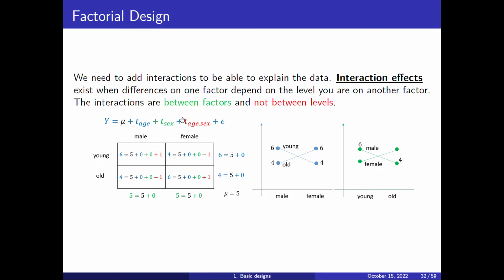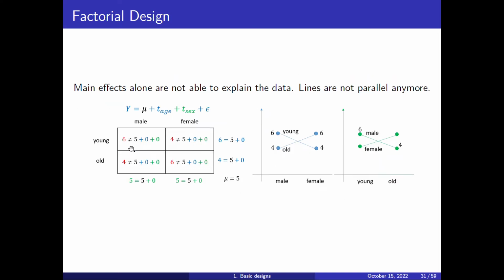So now the interaction is the difference between the mean of the group and what you have explained with the main effects only. So for instance, this 6, before we were able to explain 5 plus 0 plus 0. So there is a difference between 5 plus 0 plus 0 and 6, that is an extra 1.